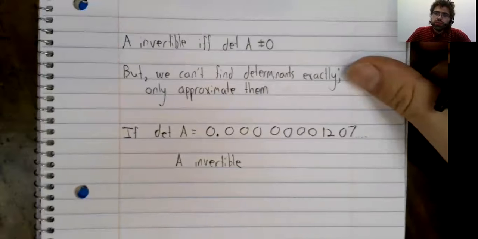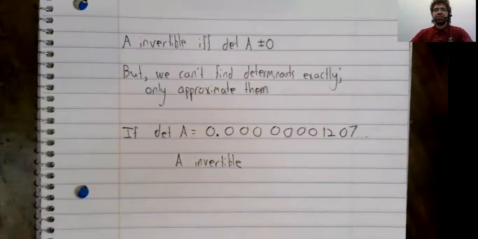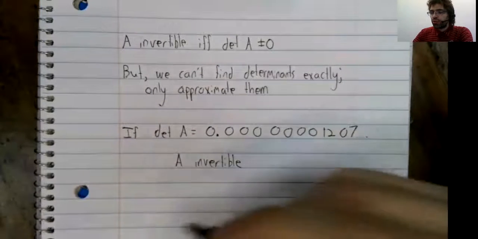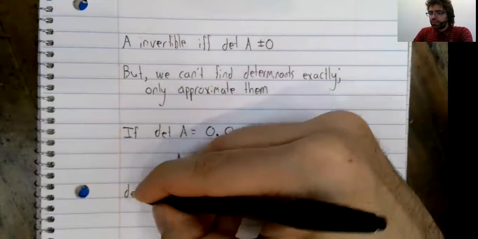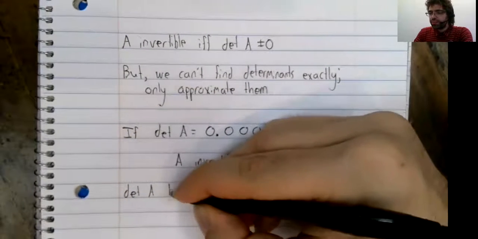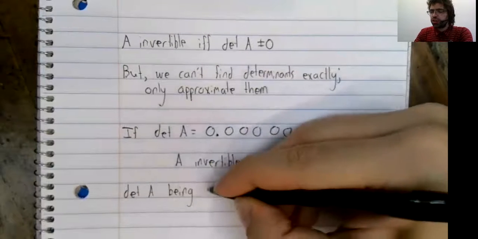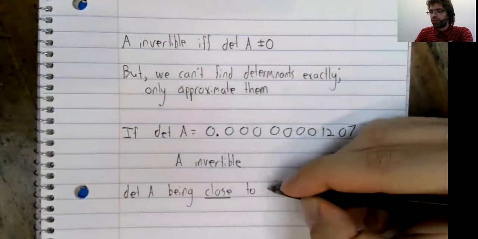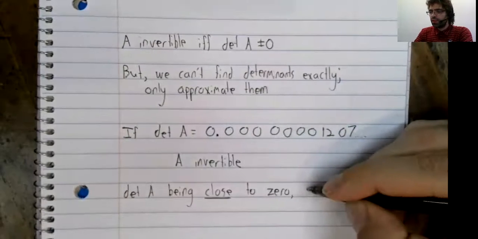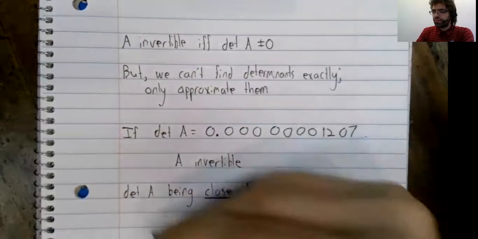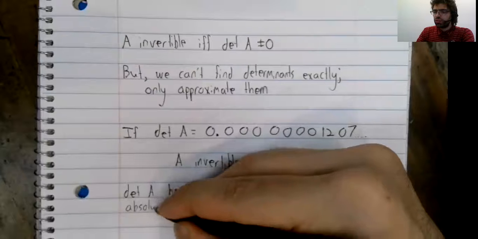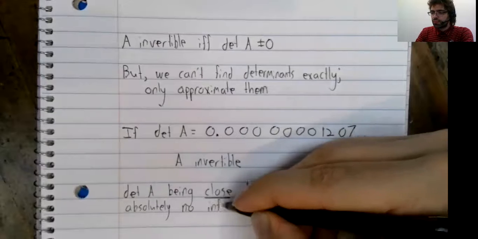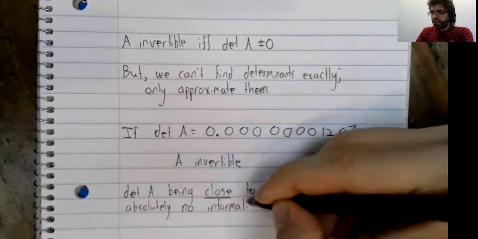Now, this is not the only place that situations like this arise, but what makes it particularly bad is that the determinant of A being close to zero gives absolutely no information.